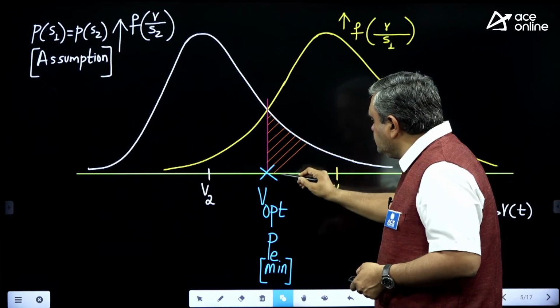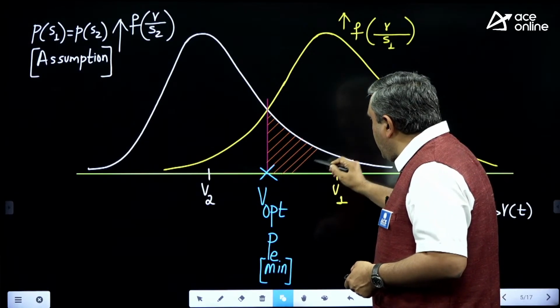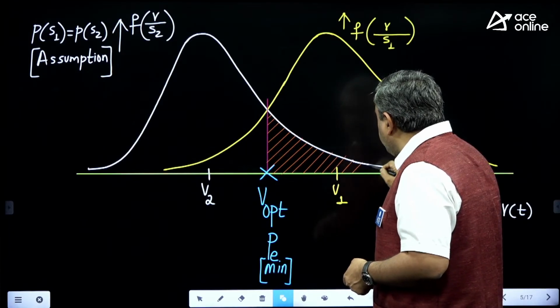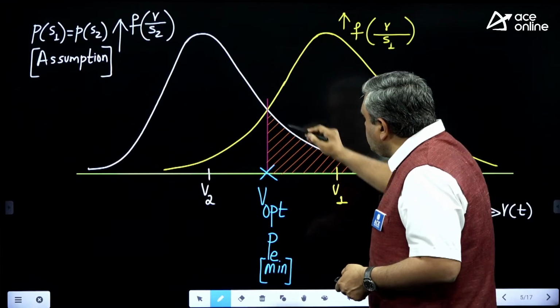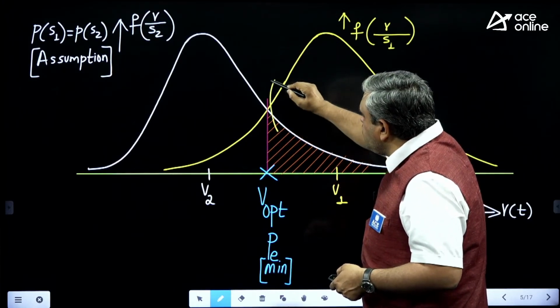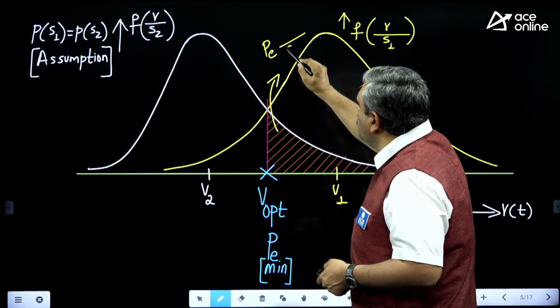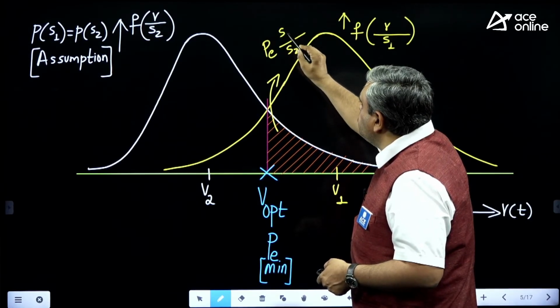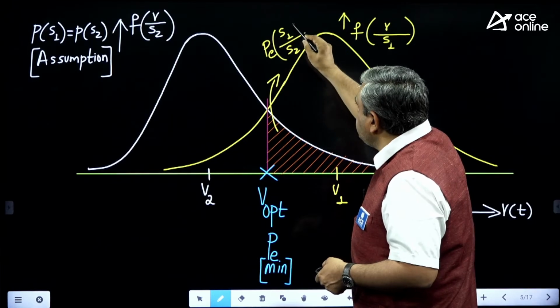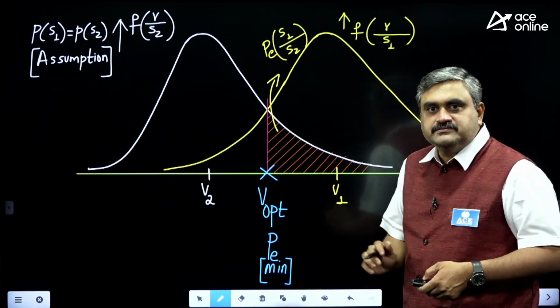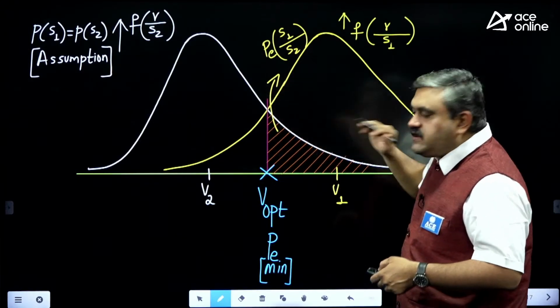White curve means S2, but it is coming at a value which is greater than or equal to VOPT. So what is the meaning of this statement? All this will be your error region, where you have transmitted S2, but it is received as S1, because it is falling under this yellow region. So this part is our error.